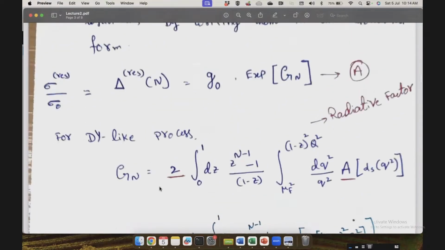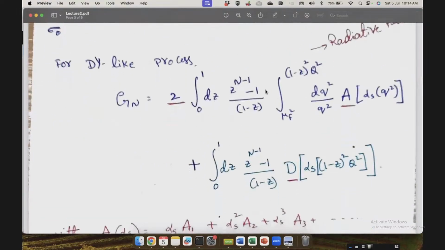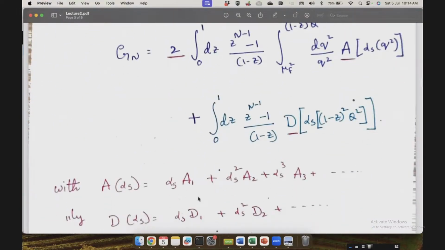Whatever result you get for Gn, you put it in the exponential and just expand it, because now each of the quantities is a series in alpha s. So when you expand it, you have some terms proportional to alpha s, some terms proportional to alpha s squared, some terms proportional to alpha s cubed.